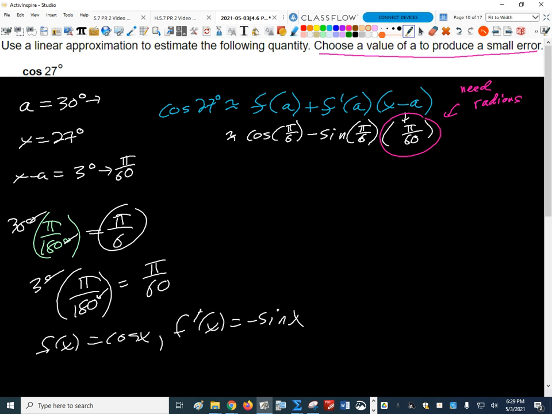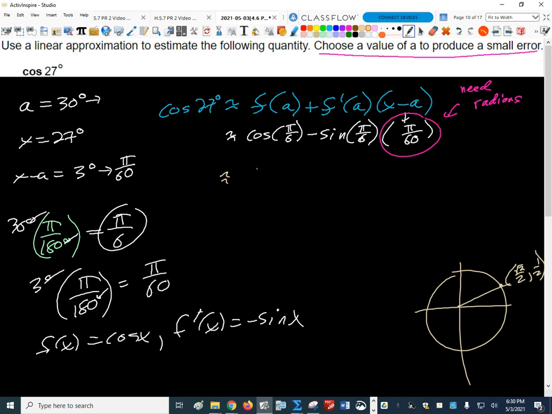So what do we get for our answer then? Cosine of pi 6 on the unit circle. That's that point right there, isn't it? That's pi 6. So we're going to get the big x value, square root of 3 over 2, and the small y value, 1/2.